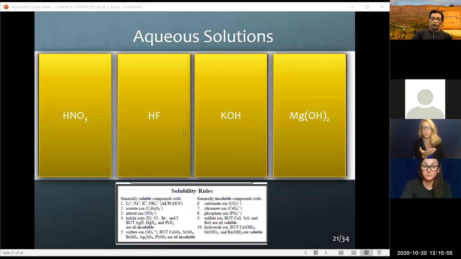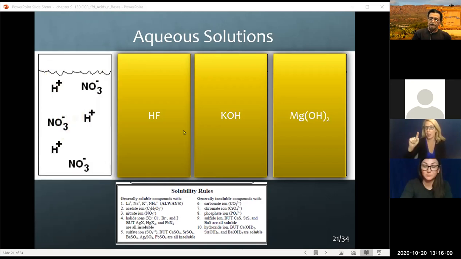Now, nitric acid, we went through this, is a strong acid, one on the list that we put down as a strong acid. Being a strong acid, based on the slide we talked about, it's a strong electrolyte. Being a strong electrolyte means that all the ions are in solution with their charges. So don't forget to put their charges. So we have protons floating in solution, and in this case, the nitrate ion floating in solution.